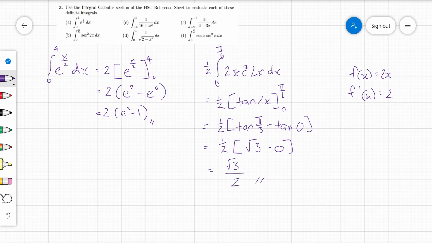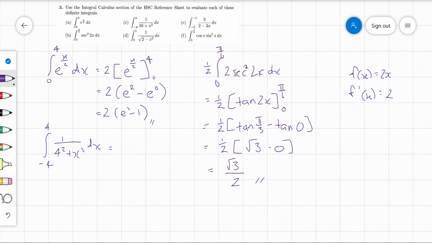All right, let's have a look at C. So C looks like, on your reference sheet, the one that is 1 over a squared plus x squared, where our a squared in this case is 4 squared. So I might just write it like that. All right, so that really just comes straight from your reference sheet.